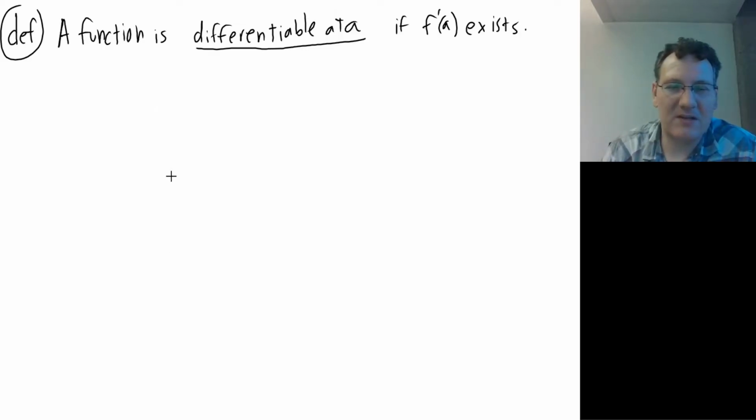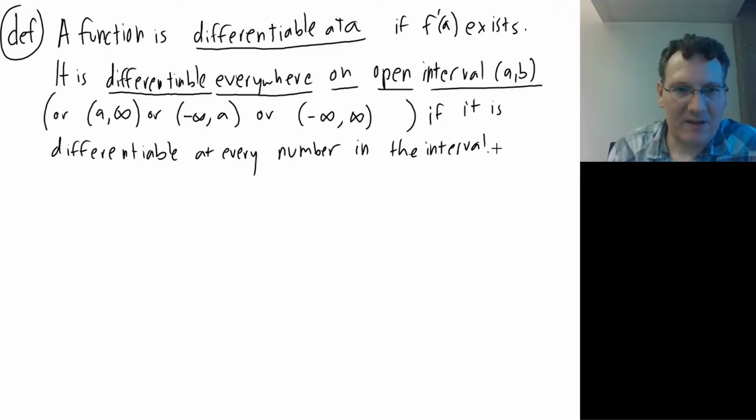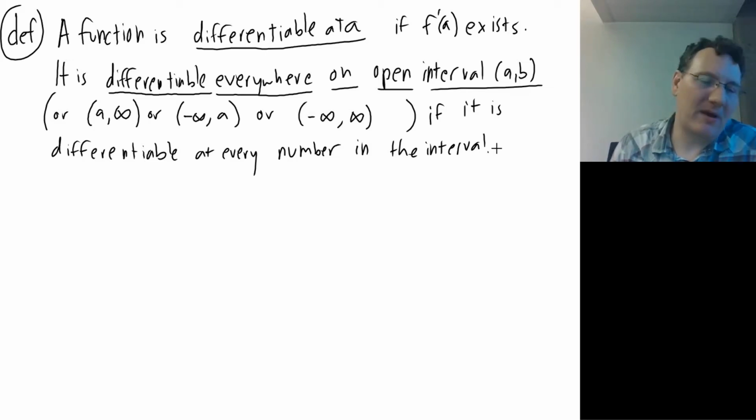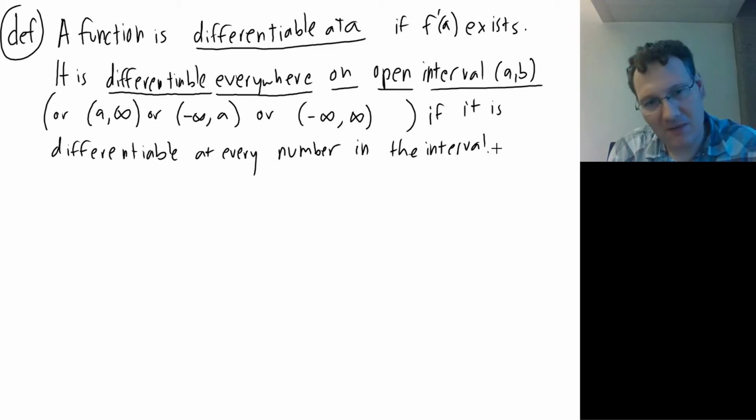We'll say a function is differentiable at a if f prime of a exists. And we'll say a function is differentiable everywhere on some open interval a to b, or we might have from a to infinity, or negative infinity to a, or from negative infinity to positive infinity. It would mean that the function is differentiable at any number you would choose that lies on that interval.